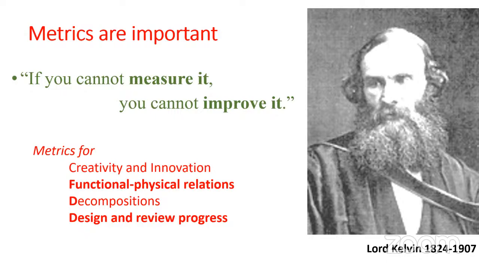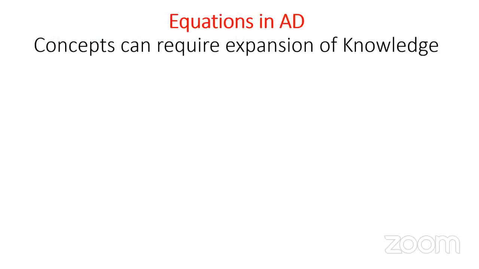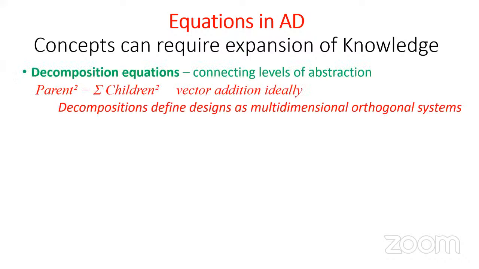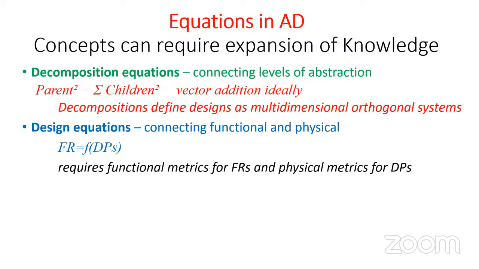Well, axiomatic design gives us a way to do that. We measure creativity and innovation. A key here is decomposition: we look at how our design is progressing by how the decomposition is progressing. Equations and axiomatic design are sort of fulfilling the need to have metrics.